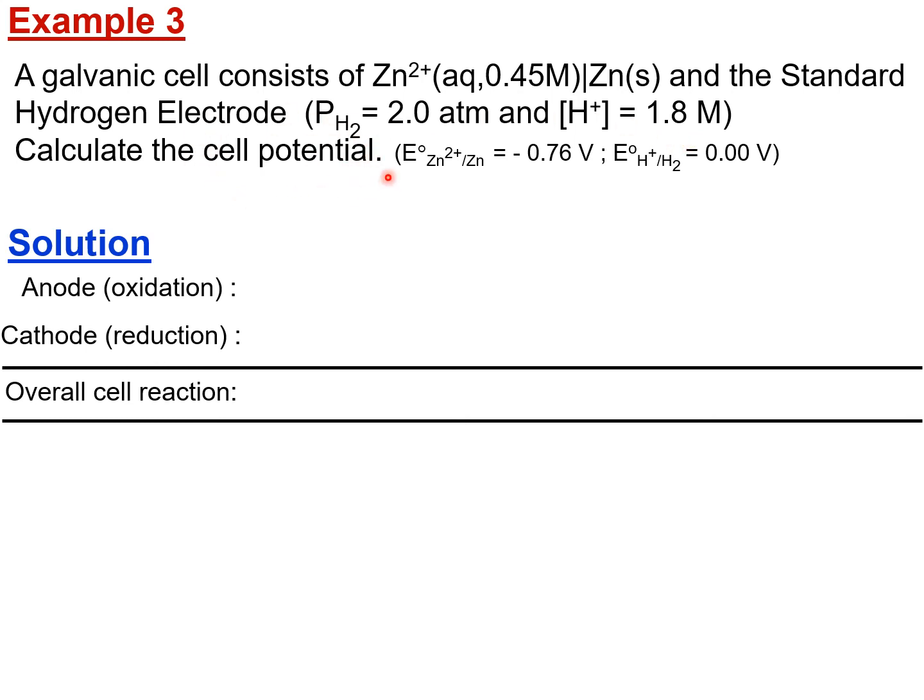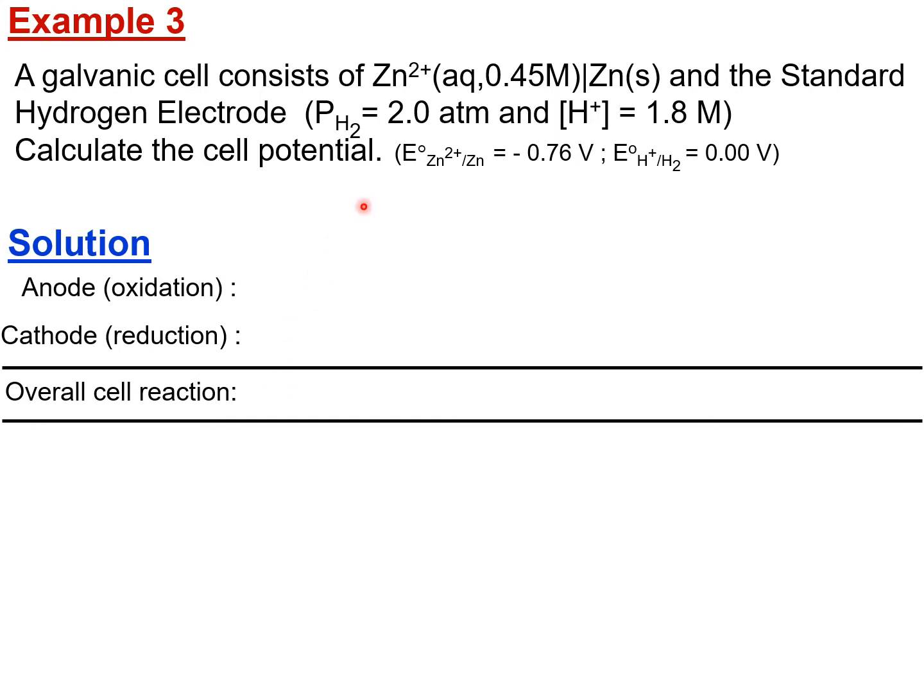This is non-standard cell potential, therefore you have to use the Nernst equation to find it out. And also dia bagi kamu SRP value untuk zinc and also hydrogen. So untuk you solve this kind of question, as usual, you need to build the half cell reaction of the anode, the cathode, and the overall cell reaction.